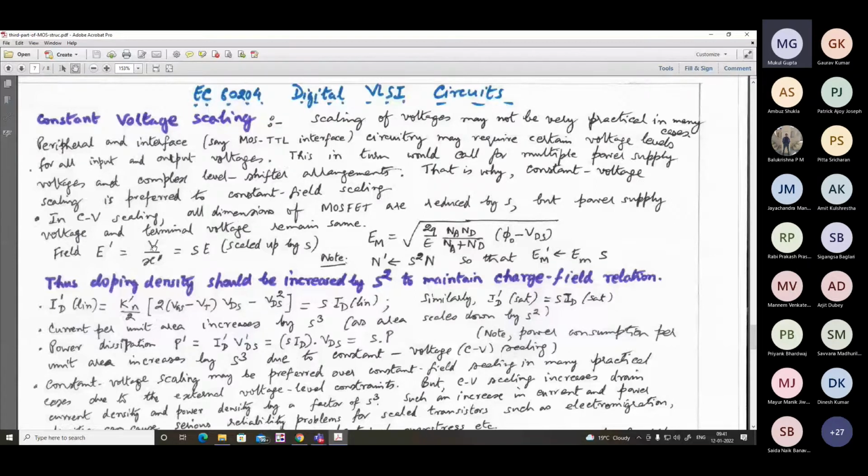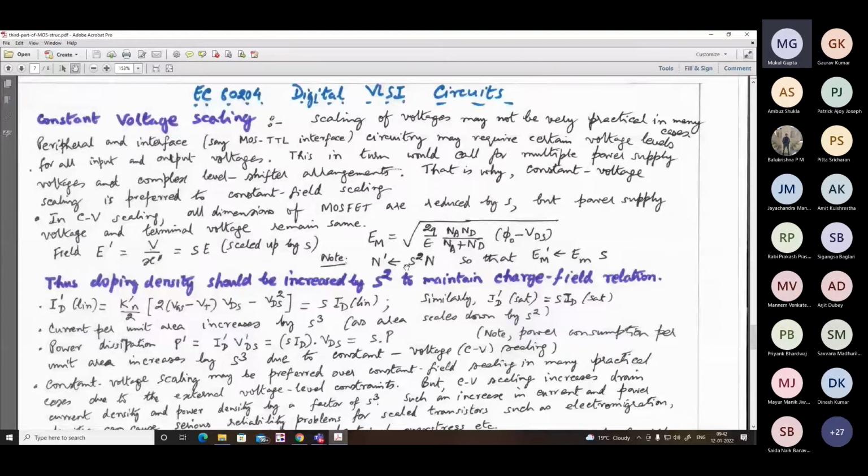In that case, you see the field, given by V by X prime, will obviously be increased, scaled up by S. And if the field has to be increased by S, from the expression of E, the square root of 2q by epsilon times Na Nd over Na plus Nd, it is required that the doping density should be increased by S square, not S. Earlier, for constant field scaling, it was required to increase N by a factor of S, but here it is required to increase it by a factor of S square.